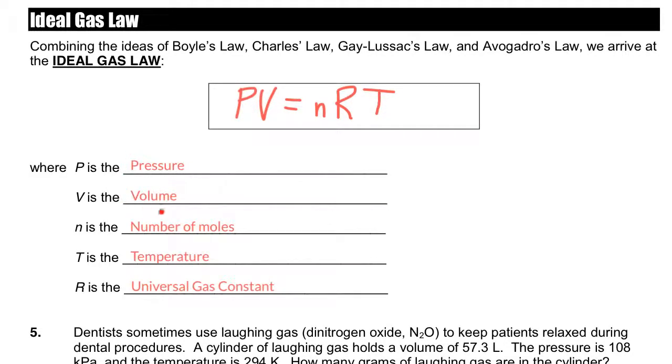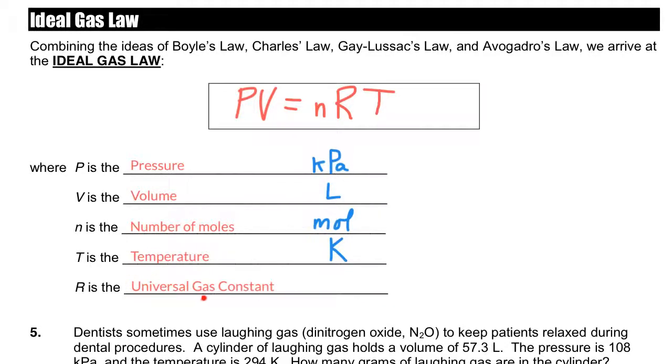P is the pressure, V is the volume, n is the number of moles, T is the temperature, and R is something called the universal gas constant. These are the units that you need to use whenever you're plugging numbers into the ideal gas law.